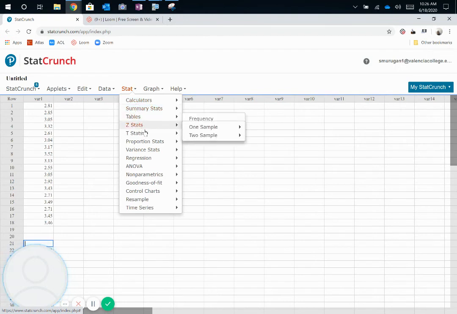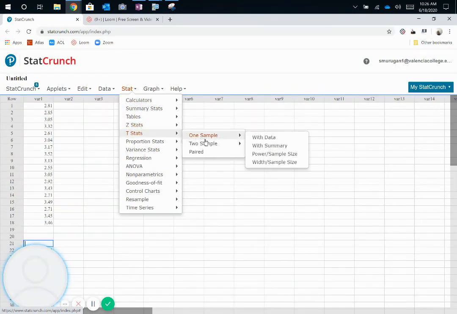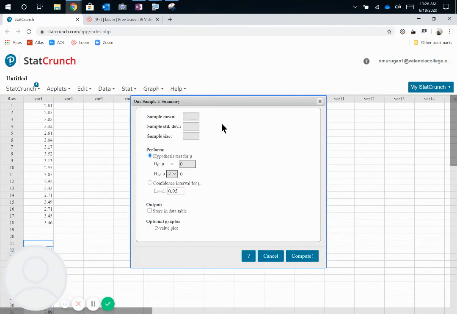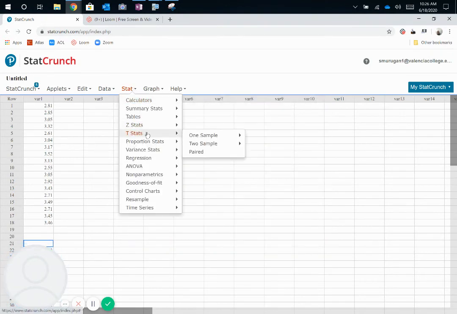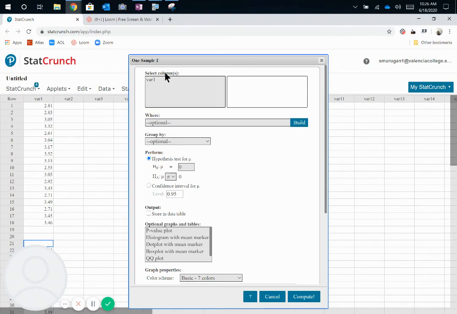So Stat, T Stat, One Sample with summary. Sorry, I did that wrong. Stat, T Stat, One Sample with data. Select var 1. And we want the confidence level. It's going to automatically compute that. Compute it.